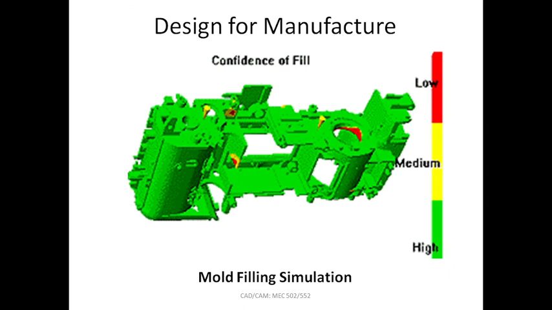Design for manufacture is another aspect which has been made possible with the help of CAD tools, with the help of the product design of this part. You can simulate the conditions under which it is going to be filled with, say, molten metal in a metal mold. And you come to identify that there are some areas where, while filling the metal, this may incur some kind of problems.